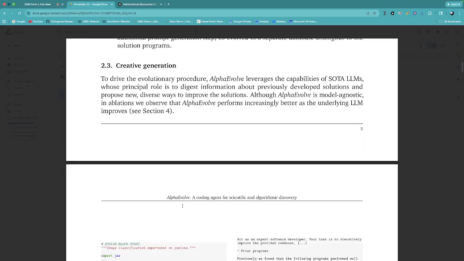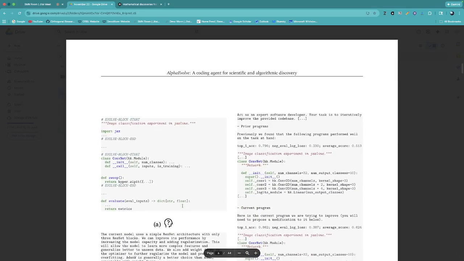Its principal role is to digest information about previously developed solutions and to propose new and diverse ways of improving the solutions. Although AlphaEvolve is model agnostic, in ablations we observe that AlphaEvolve performs increasingly better as the underlying large language model improves. So this is their code here.